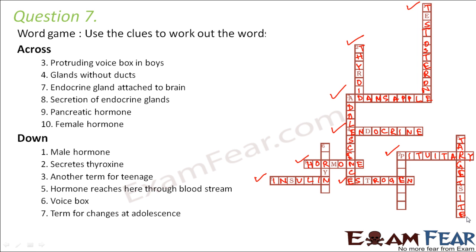For example, the thyroid stimulating hormone released by the pituitary gland reaches its target site, which is the thyroid gland, so that it can regulate the thyroid gland to release the thyroid hormones. Voice box, that is larynx. Term for changes at adolescence. So the various changes taking place at adolescence are called puberty.